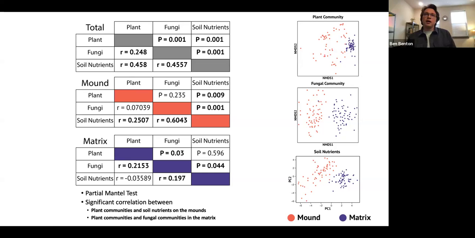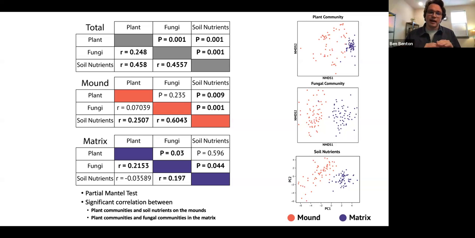So that's not something that I particularly address in the field component of my research, how soil moisture affects the plant communities, or the physical properties of the soil.